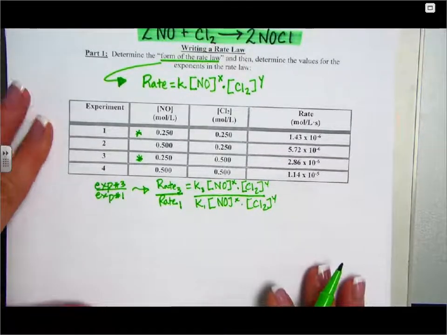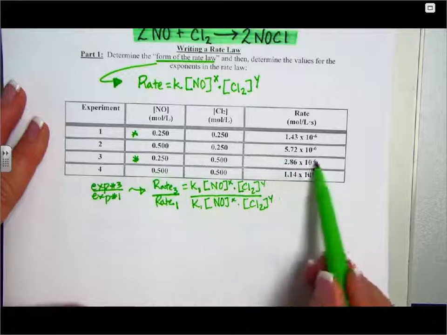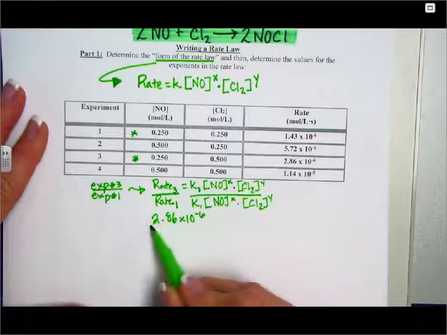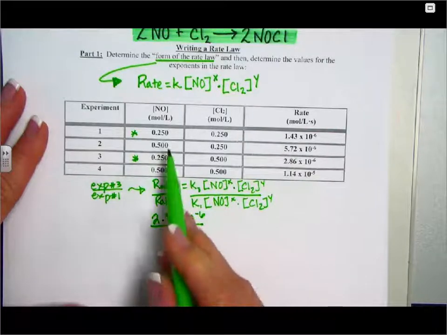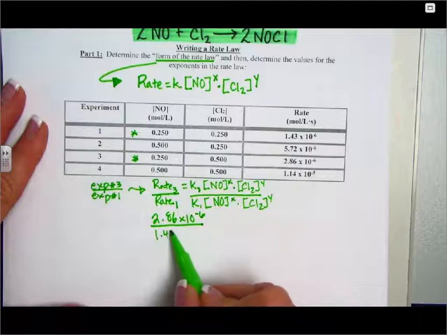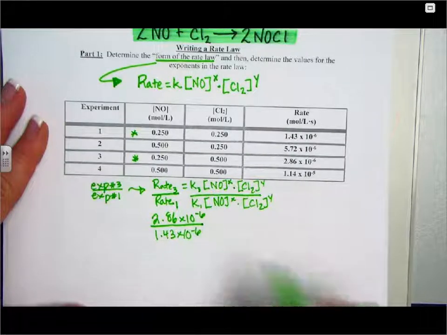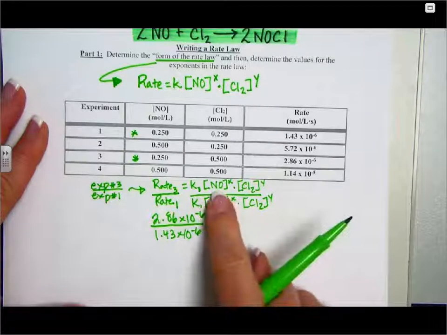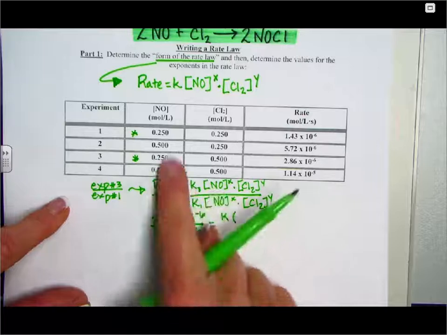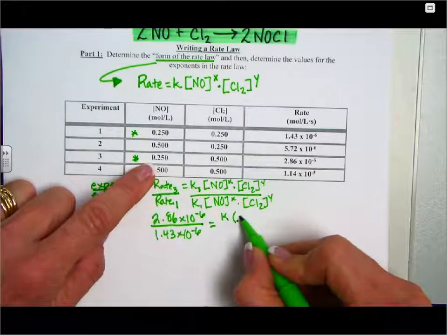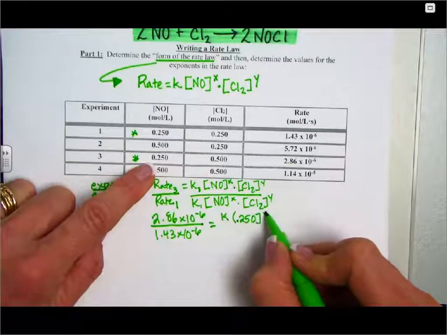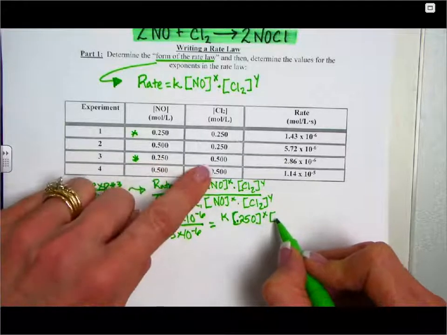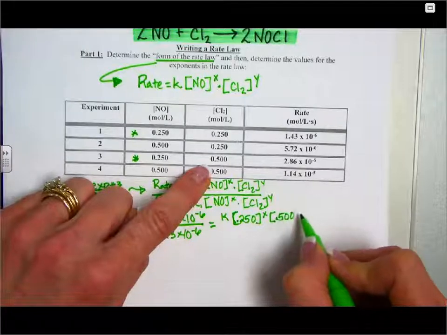So let's plug in our values here. Come over here for experiment 3 and plug in your rate, 2.86 times 10 to the negative 6, over experiment 1's rate, 1.43 times 10 to the negative 6, equals k. Now, for experiment 3, you're going to plug in the concentration of NO, which is 0.250 to the x, and then you're going to plug in the concentration of the Cl2 for experiment 3, 0.500.